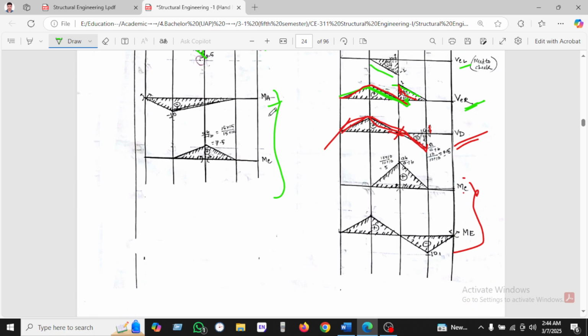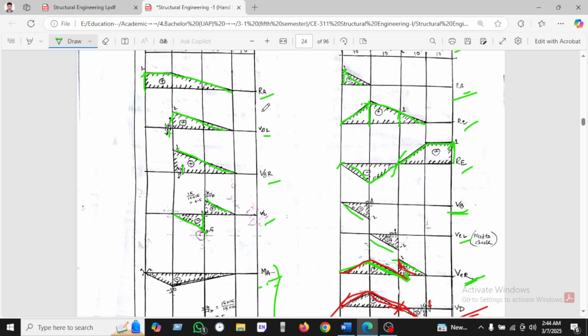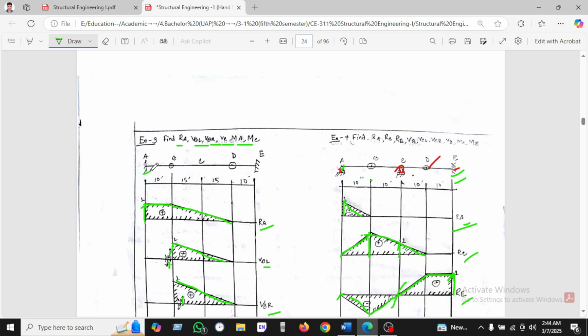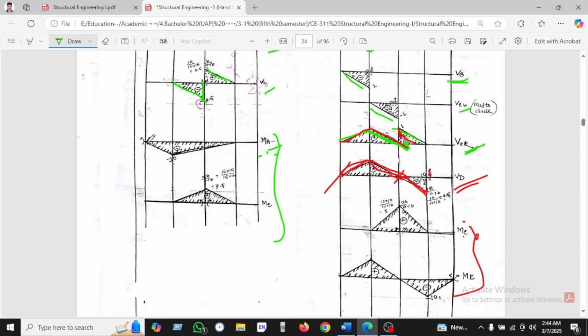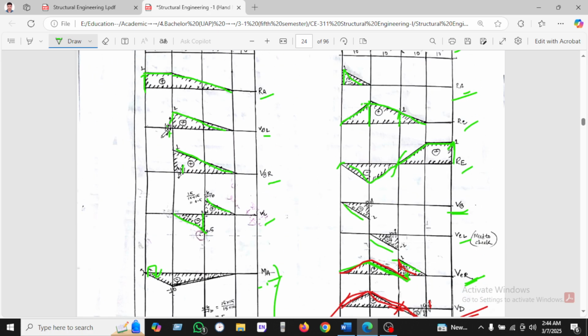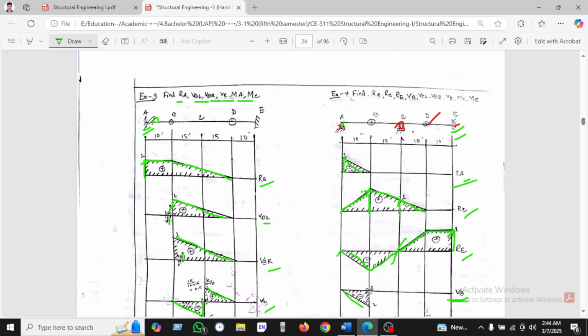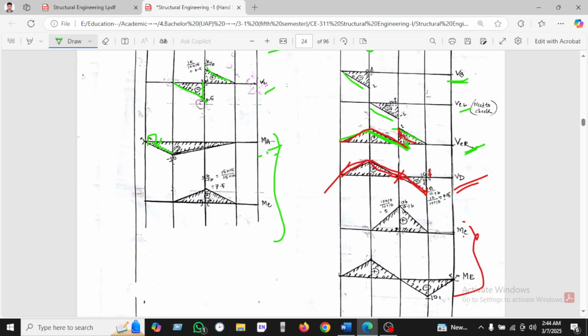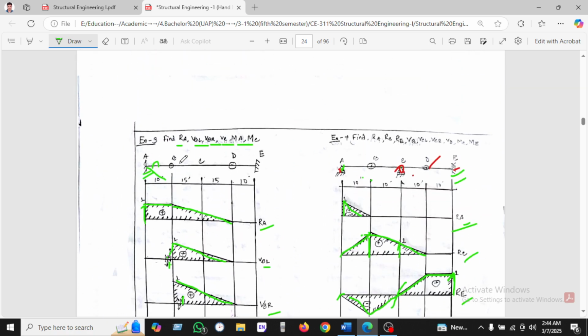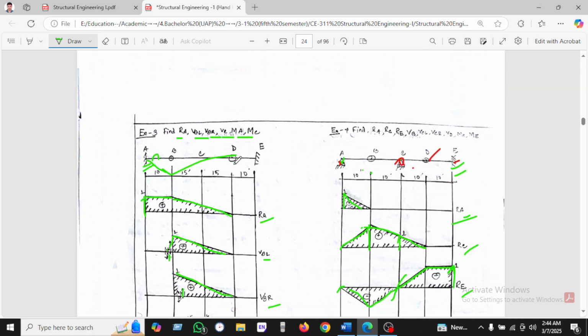Okay, let's see here moment MA. So this is the point, and MA is the exceptional case we have seen here. The force is acting here, and the force is acting here, it will go down this way, and go to here, MA.